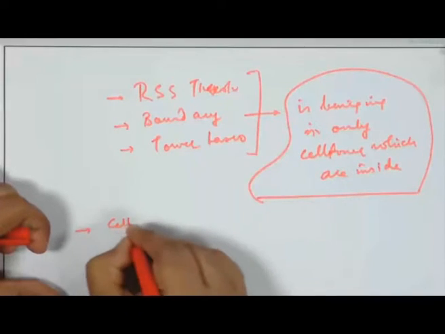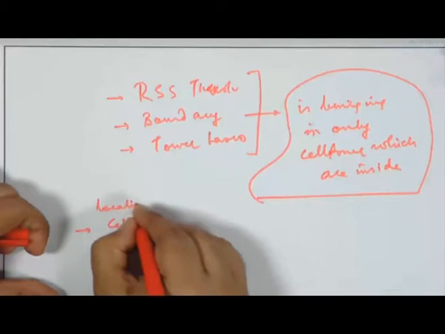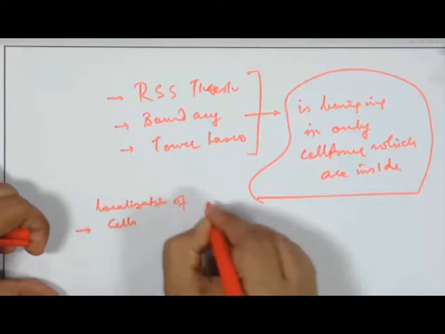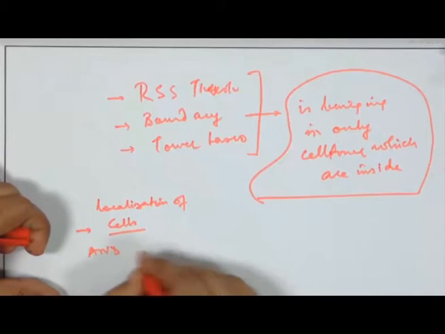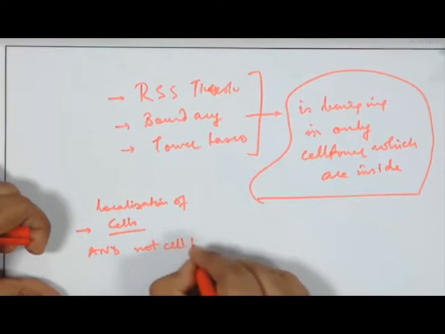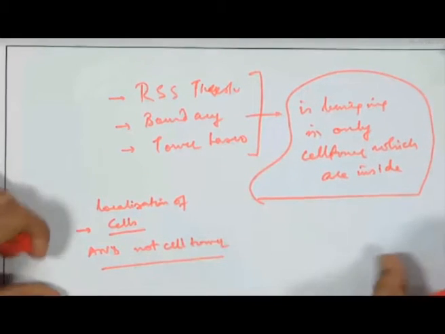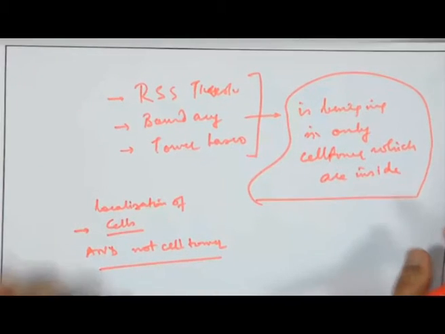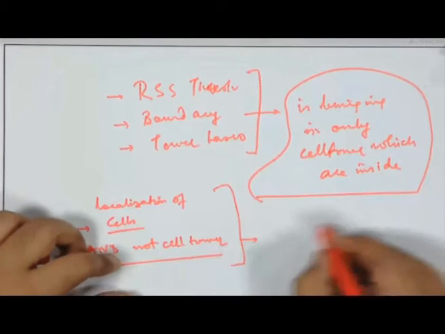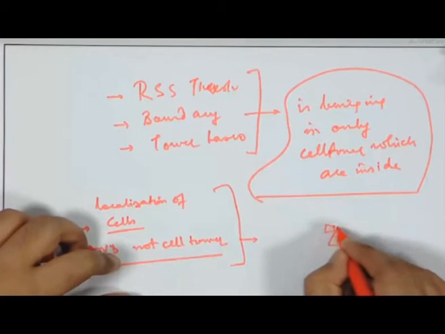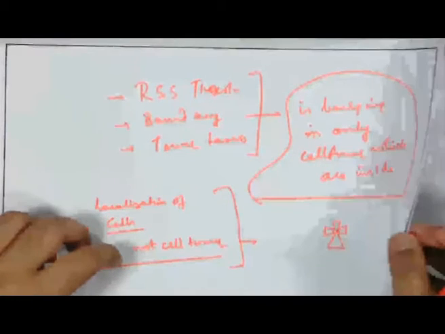The next thing is important, what we now realize. If we think carefully, this is localization of cells and not cell towers. So what is this result bringing out? Say there is a tower, and there are 3 cells.